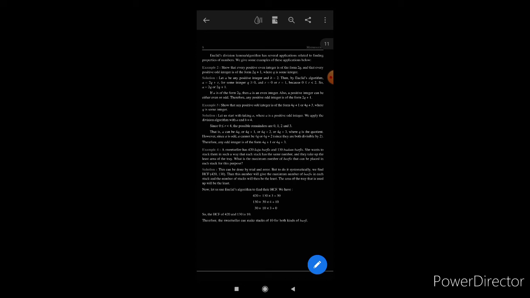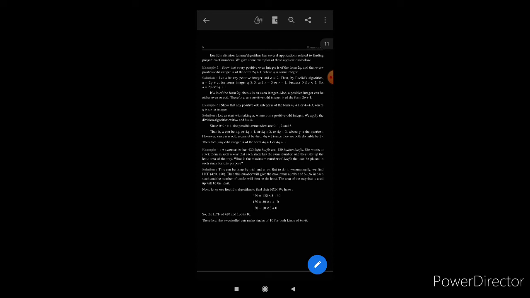Since 0 is less than or equal to r and r is less than 4, the possible remainders are 0, 1, 2, 3. That is, a can be 4q, or 4q plus 1, 4q plus 2, 4q plus 3, where q is the quotient. However, since a is odd, it cannot be 4q or 4q plus 2. Therefore, any odd integer is of the form 4q plus 1 or 4q plus 3.